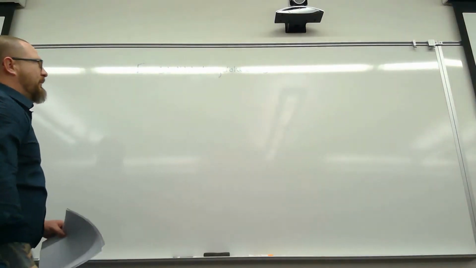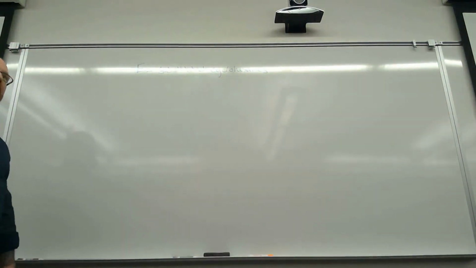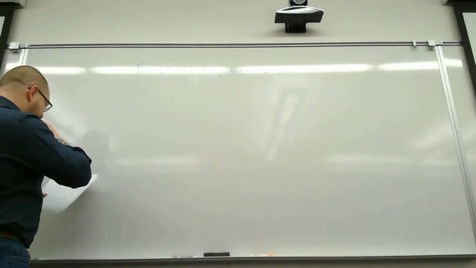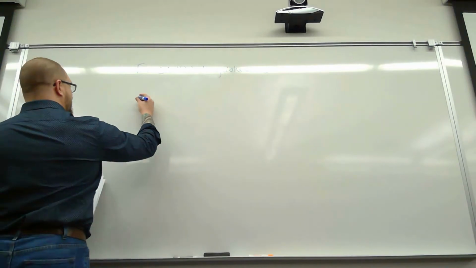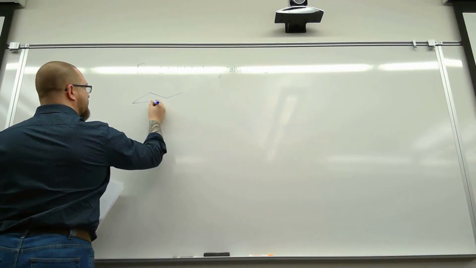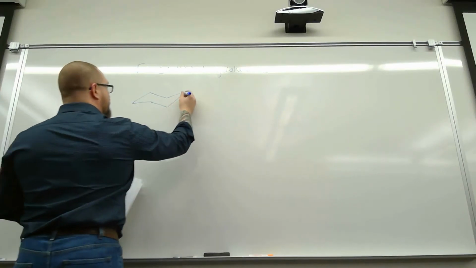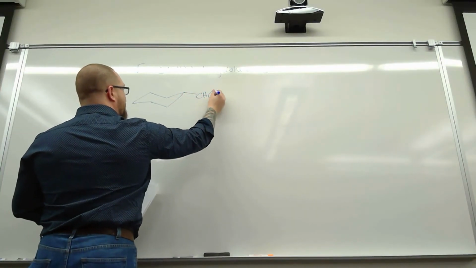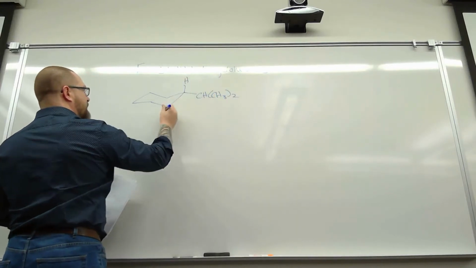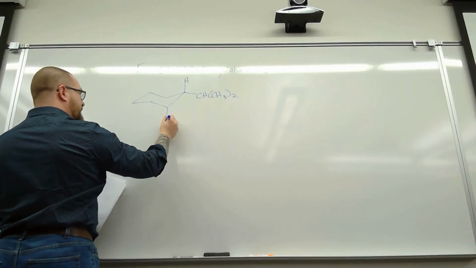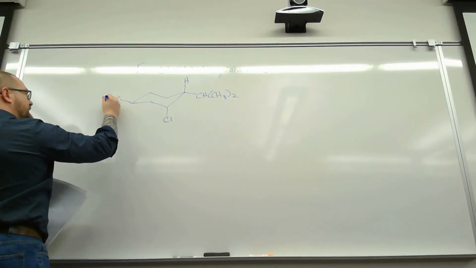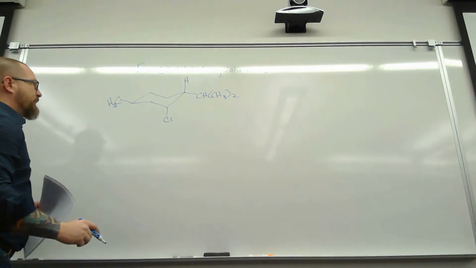Minus two for Dr. McGill. Now let's take a look at what happens if we have this situation with neomenthyl chloride. So we have an isopropyl group, we have chlorine, and we've got a methyl group.